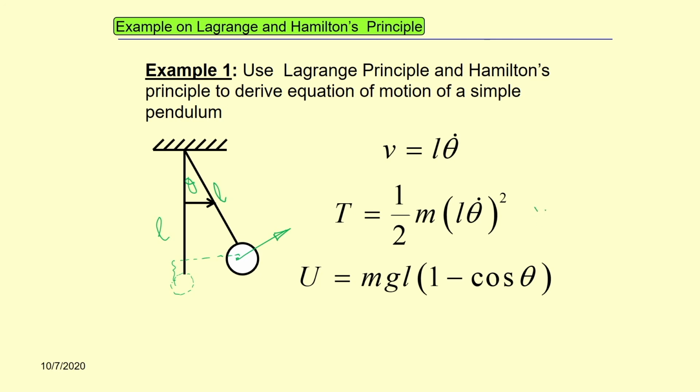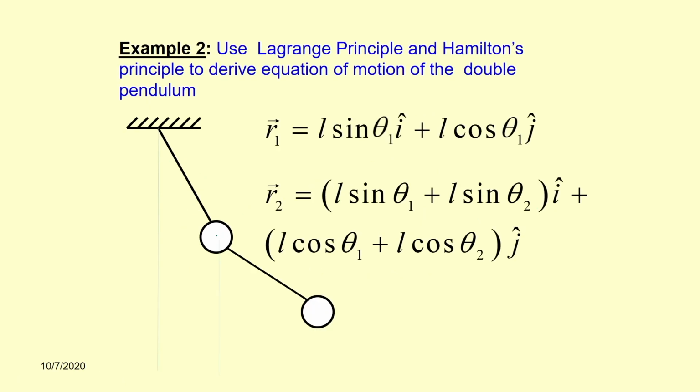So, now taking T equal to half m L theta dot square and U equal to mgL into 1 minus cos theta, we can derive this equation of motion. The equation of motion can be derived similarly for a double pendulum.